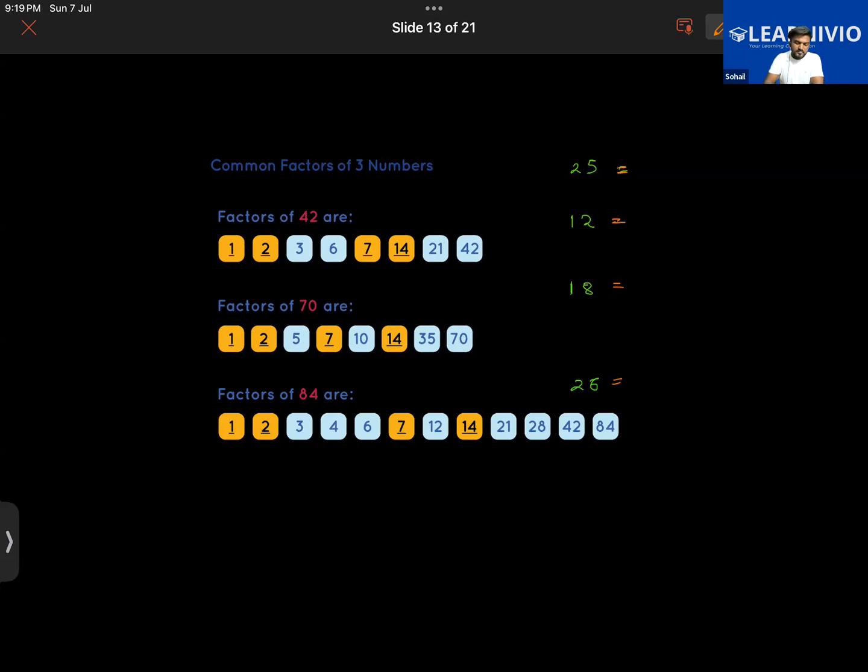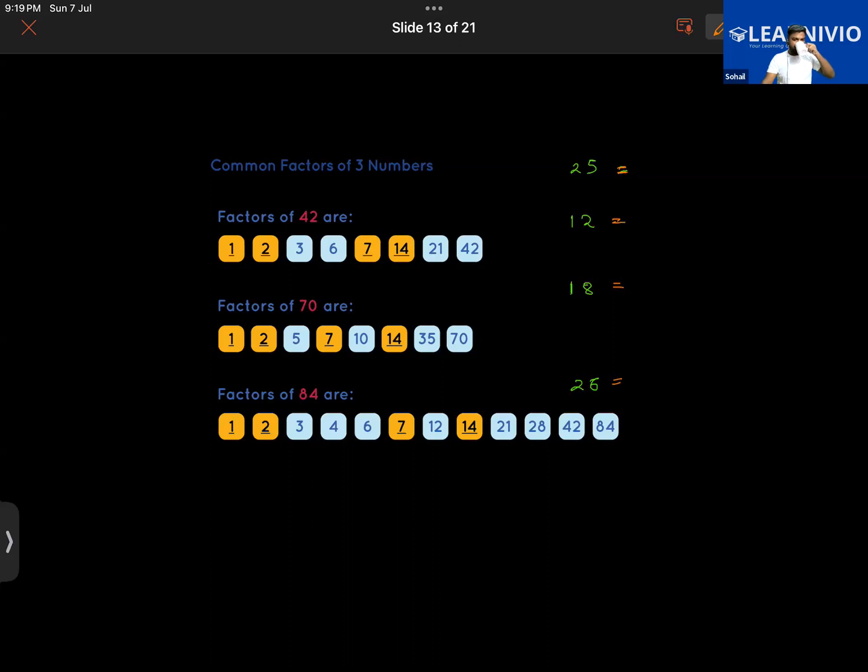So we have to find common factors of 3 numbers, right? Sumaya has taken 25 also. So we can find out the common factors of 4 numbers as well. No worries. Find the factors of 25 also, and then find if it shares any common factor with the other three numbers.